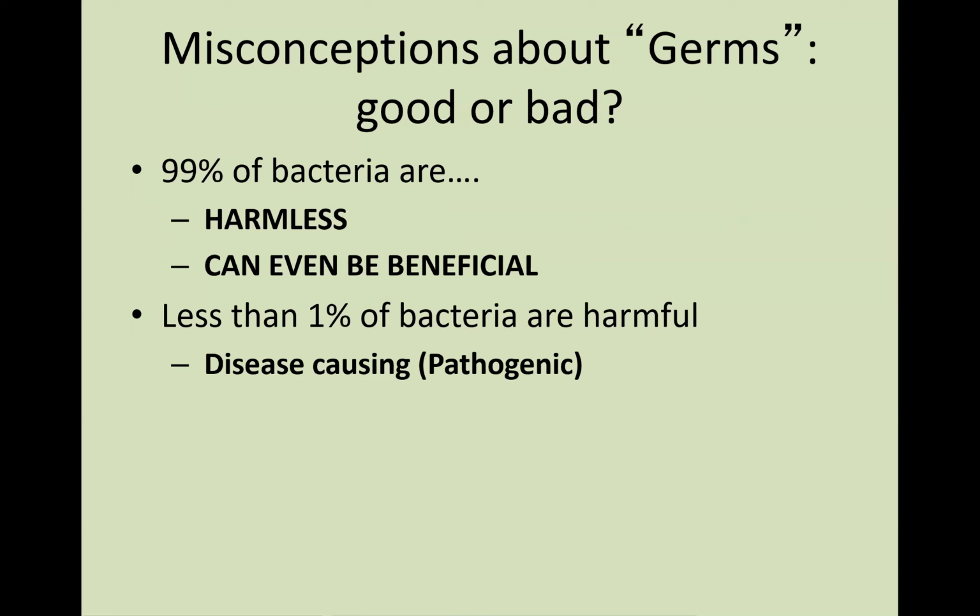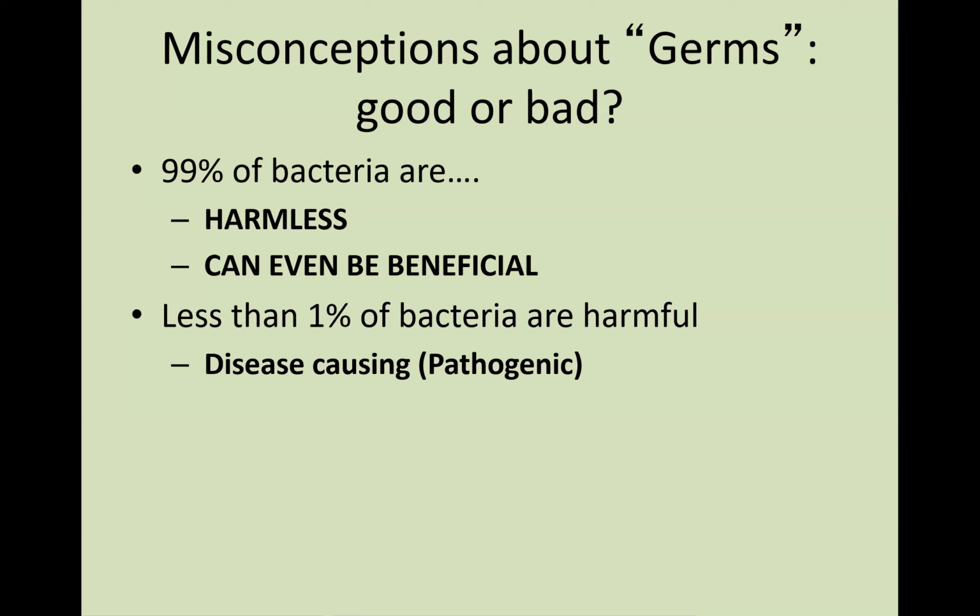However, we do have some bacteria in particular that can be harmful. If you hear the term pathogenic, I want you to think of patho as disease. Anytime you see the term path, it's going to be relating to disease. And genic, think genesis or beginning. These are the organisms that can cause disease. You may hear the term pathogen. This is an agent that can cause disease, such as the coronavirus causing COVID-19.